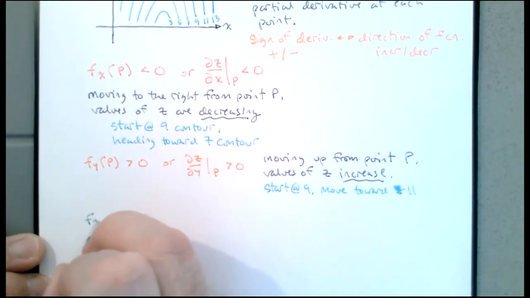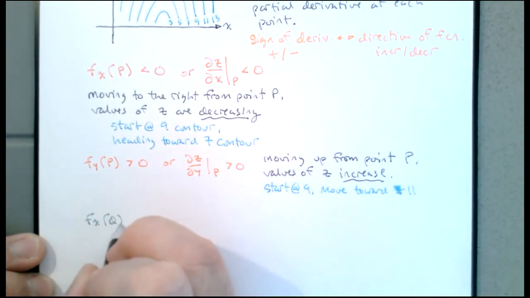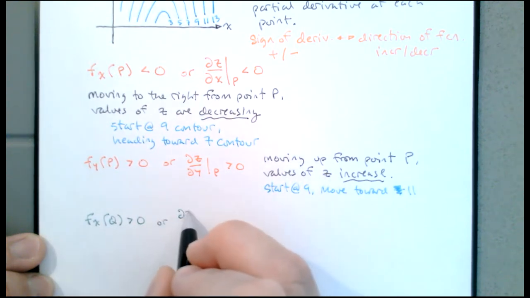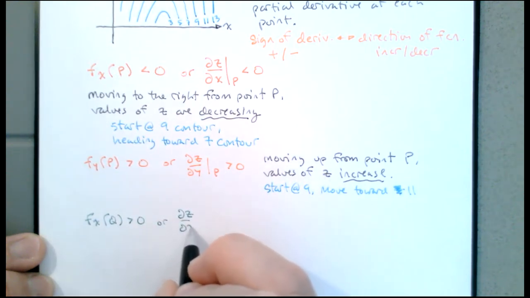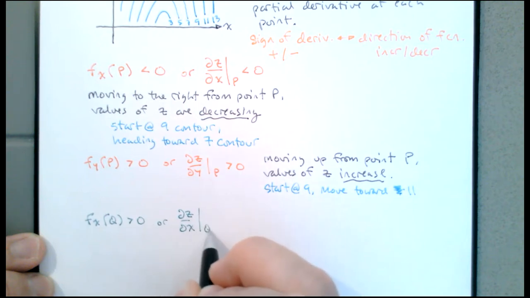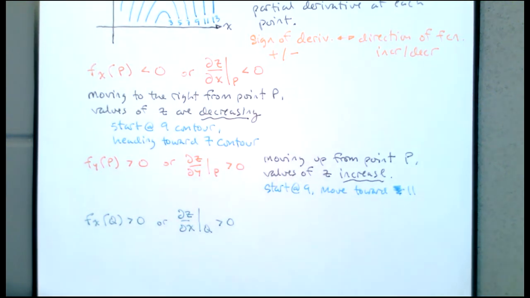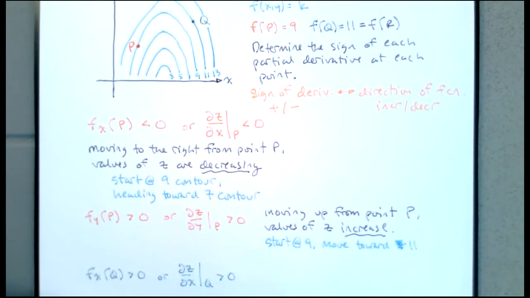Or we could write this as the partial derivative of z with respect to x evaluated at point Q is positive. Z is increasing. We start at the 11 contour. The positive x direction means we're headed to the 13 contour.